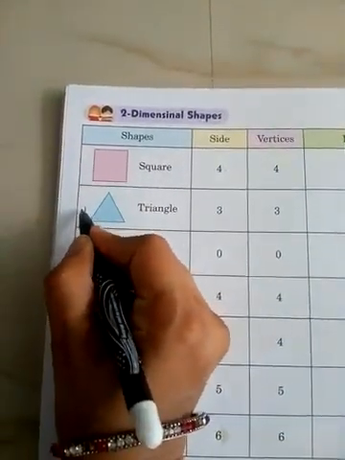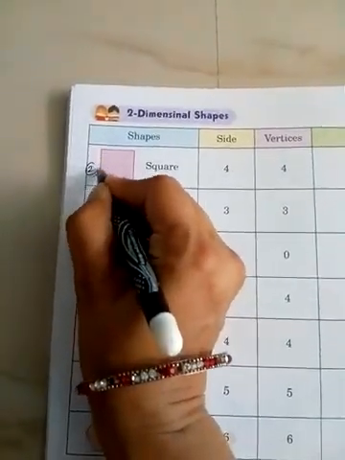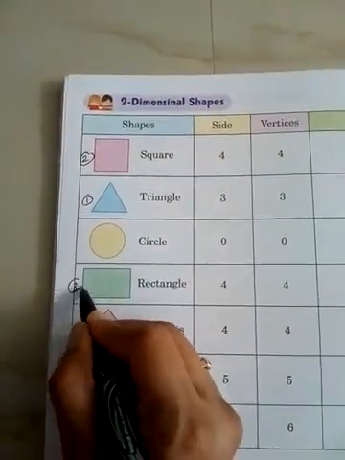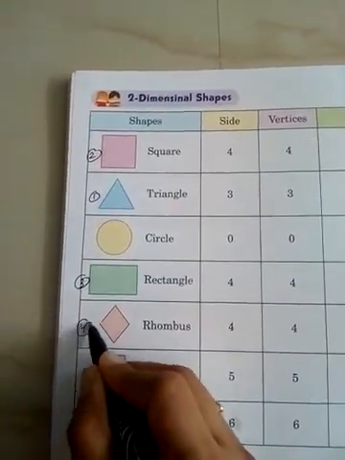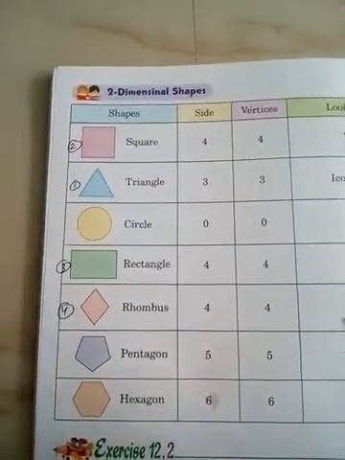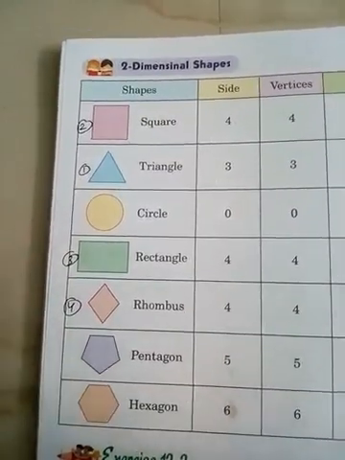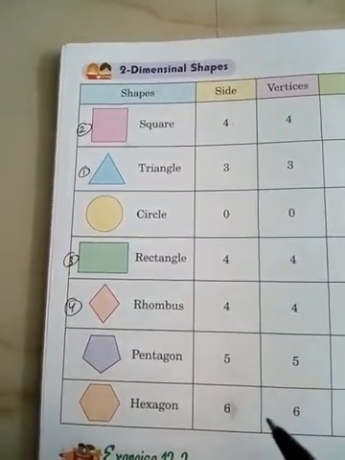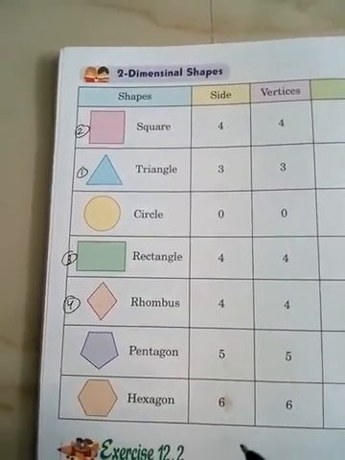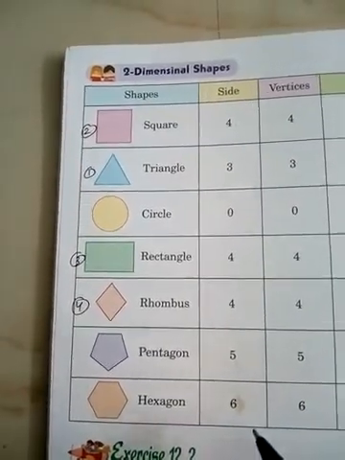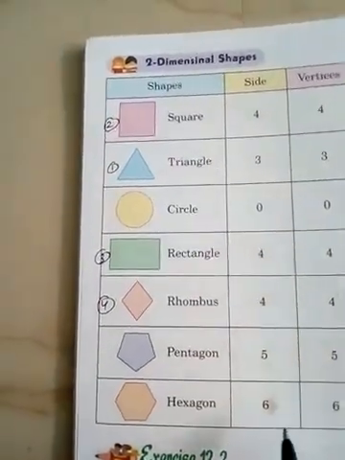I'm writing 1, 2, 3, then 4. That means start writing with the triangle, number of sides 3, vertices 3, then write square, rectangle, rhombus, then pentagon, then hexagon, and then you have to continue the table with the number of sides.